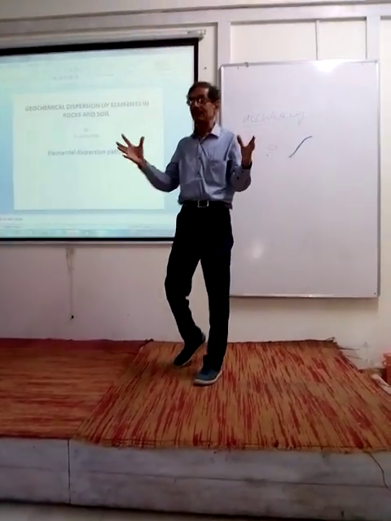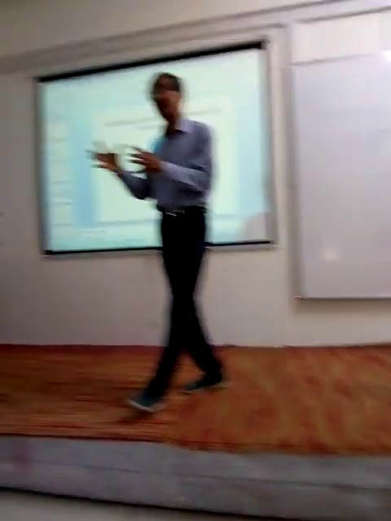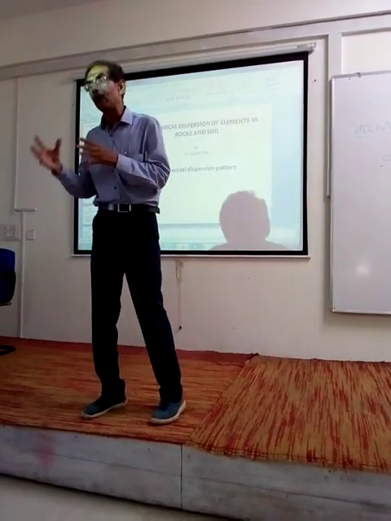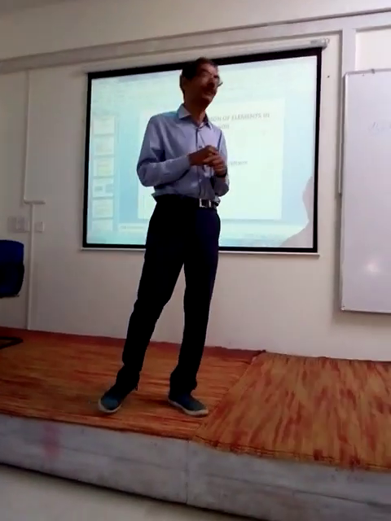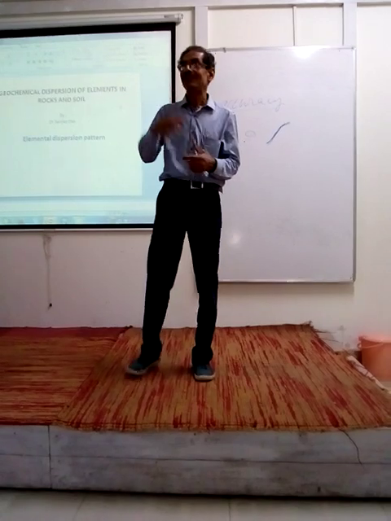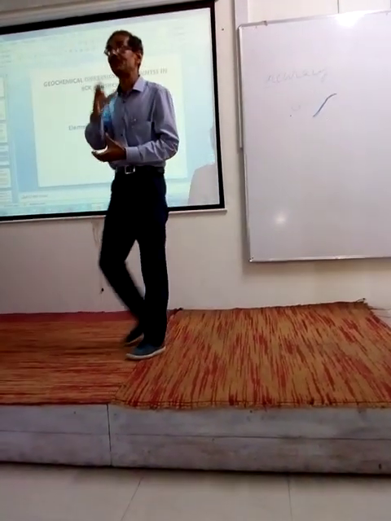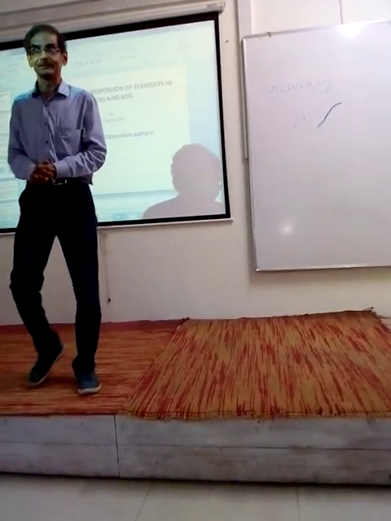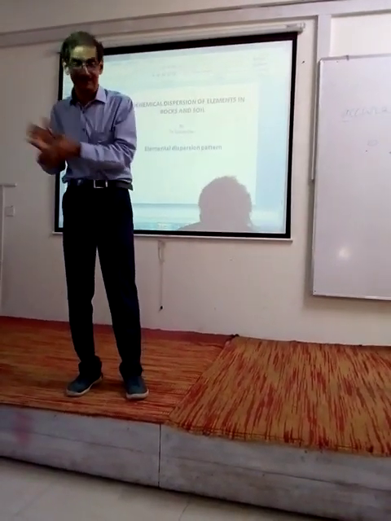In cartography, there is a term generalization. There are two types of generalization: one is graphic generalization, one is semantic generalization. What is it? This is a practical problem you will face.